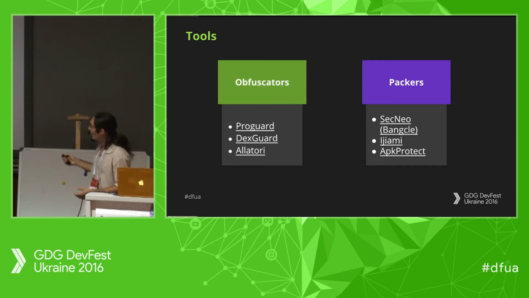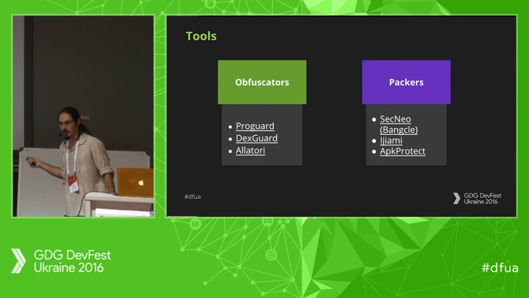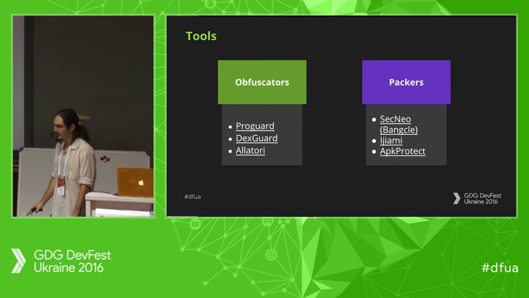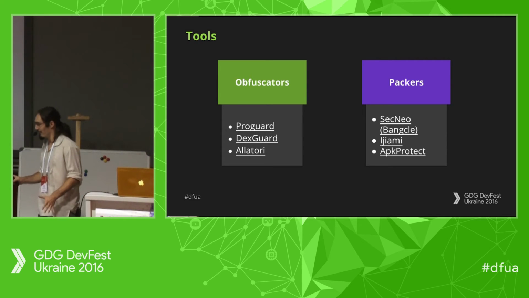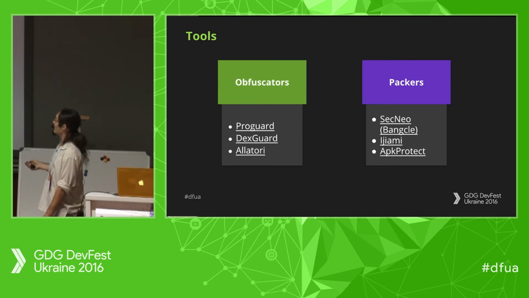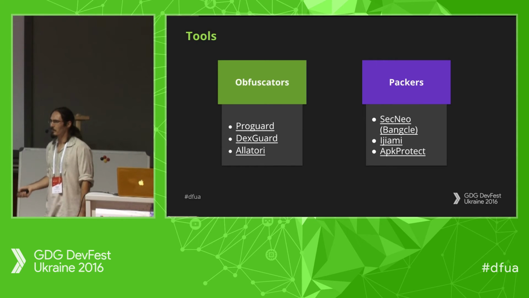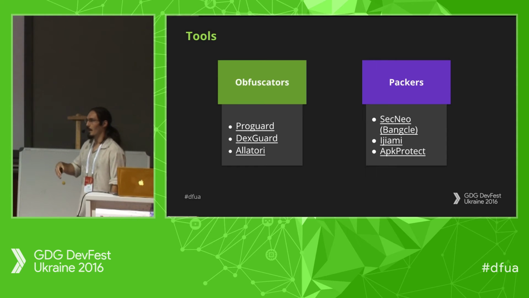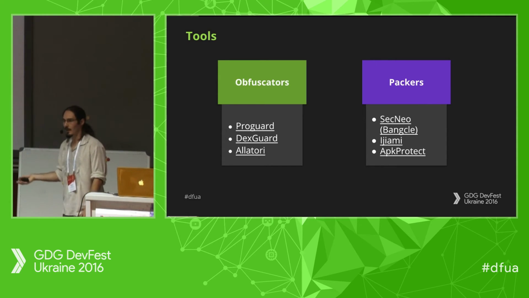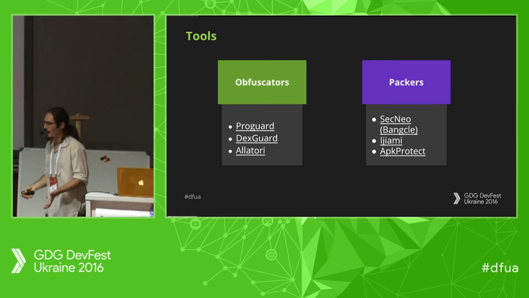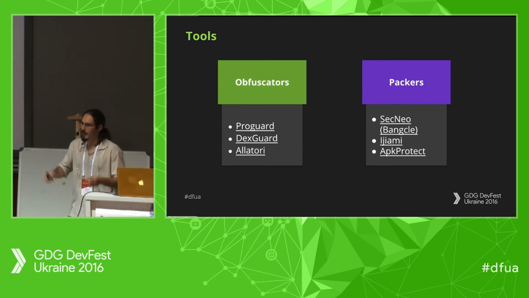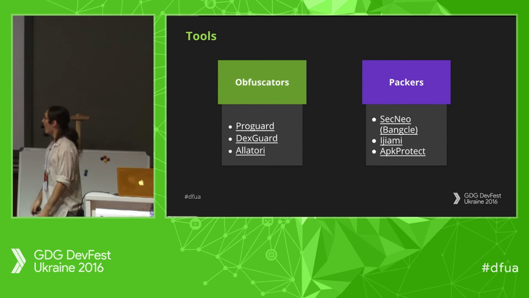Also, there are a lot of Chinese packers. I don't know why, but Chinese people really love packers. All of them work in the following way: you upload your APK to the cloud, they encrypt it and give you back an encrypted file.